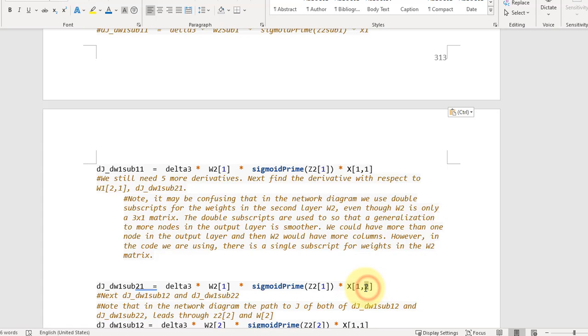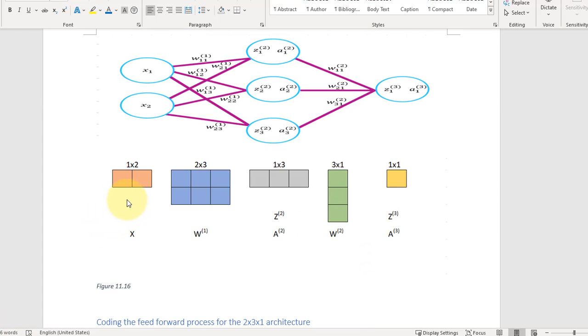So remember, what's the form of this? What are the dimensions of our x vector? I guess it was a 1 by 2, and so we're going to pull out the first column and then the second column. Let's just make sure that it was a 1 by 2. Yes, it's a 1 by 2.